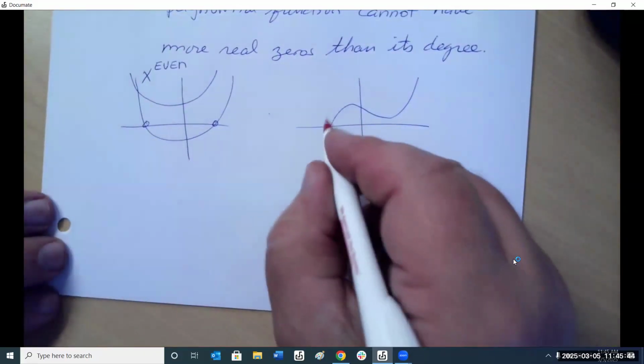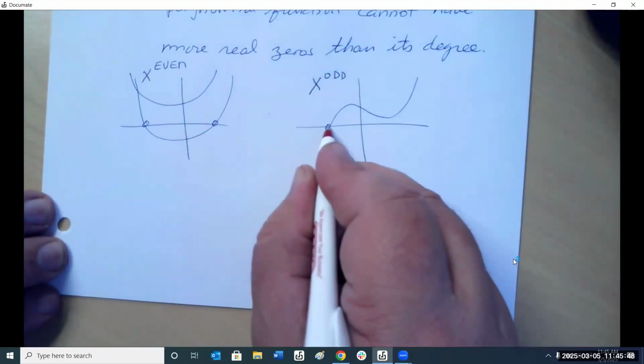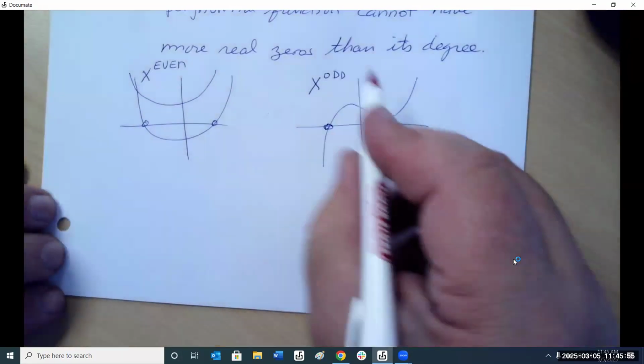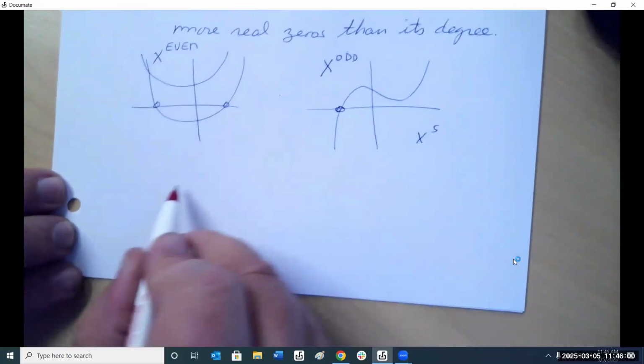But if you have an odd degree, it has to cross at least once. Because if we had x to the 5th, what are the possibilities?